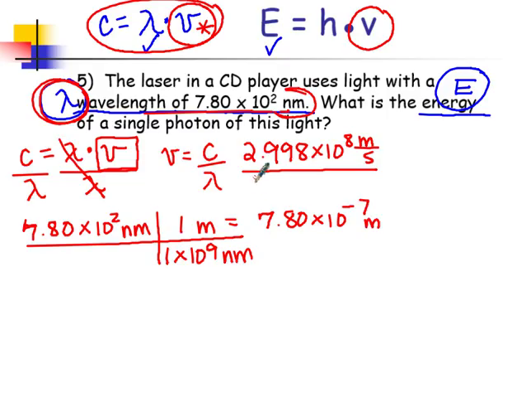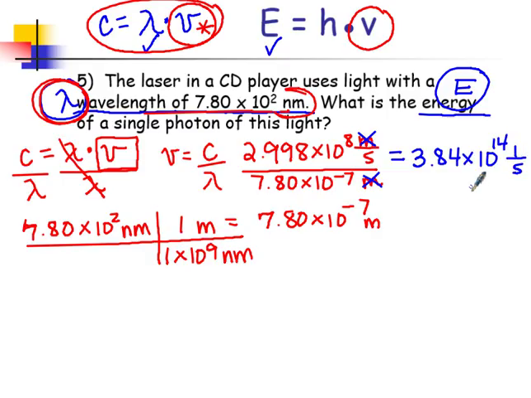So I'm going to plug that right up above. 7.80 times 10 to the negative 7th meters. My science brain is happy, happy, happy because I can cross out meters and get seconds in the denominator. This gives me a frequency of 3.84 times 10 to the 14th, 1 over seconds, or hertz, whichever one you like.